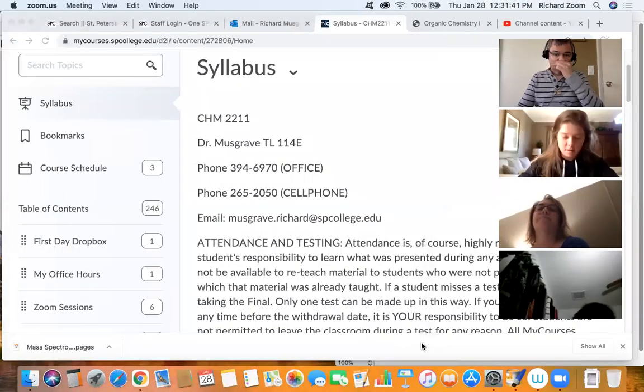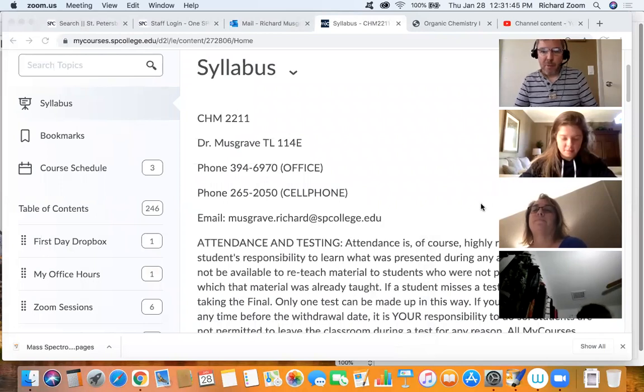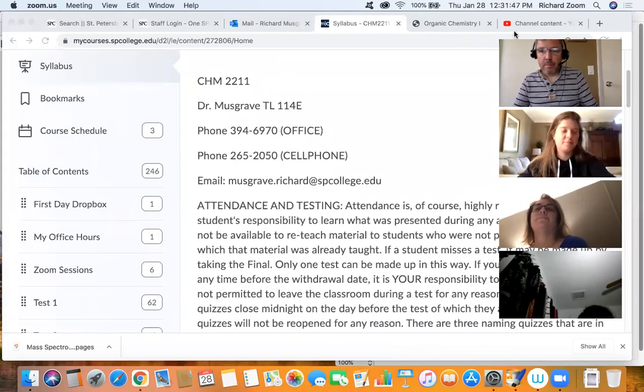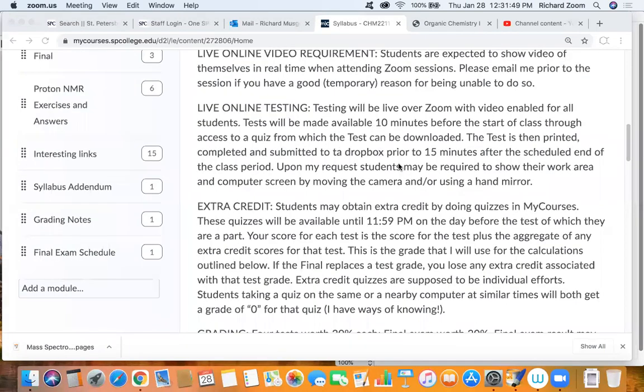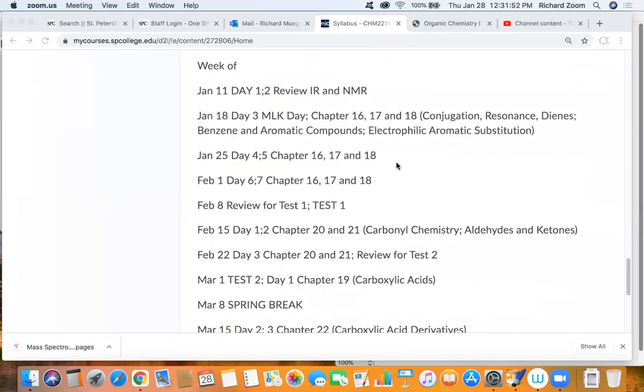Let's see where we're at in the schedule. Okay, so it's Thursday, January 28th.